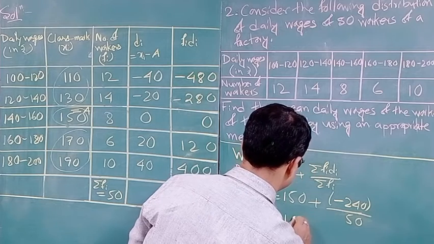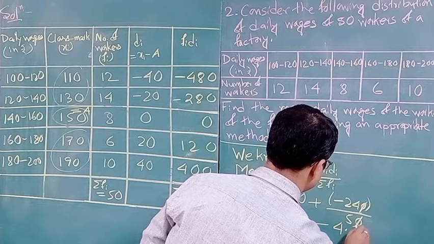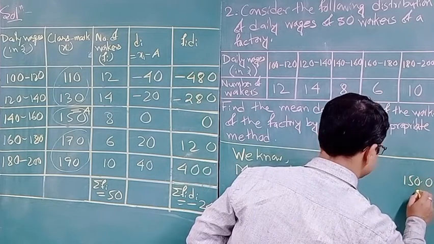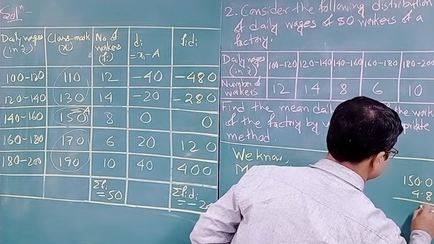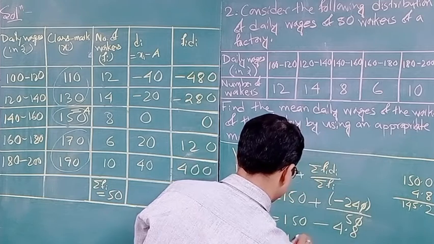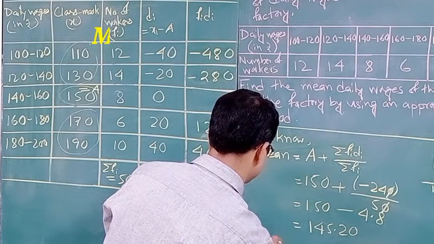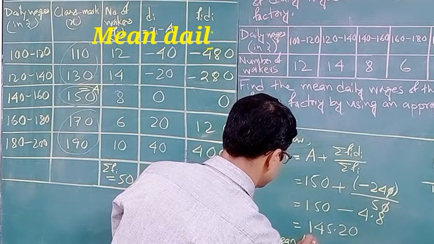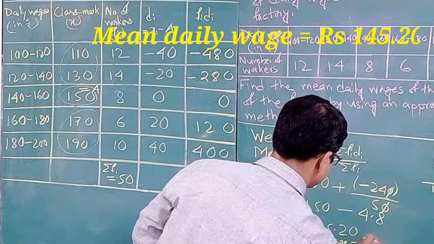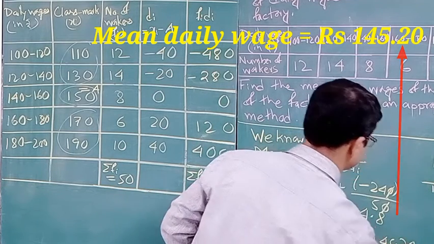So it is 150 plus minus 240 by 50. The zeros cancel. This is 4.8. So let us subtract 4.8 from 150.0. That is 145.20. Okay, therefore the mean daily wage is equal to rupees 145.20. Is it all right, students?